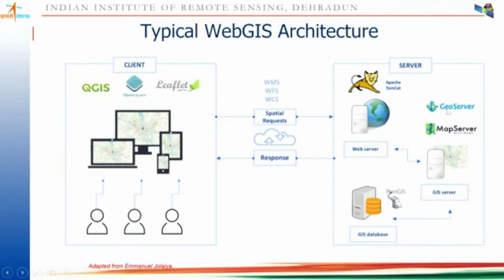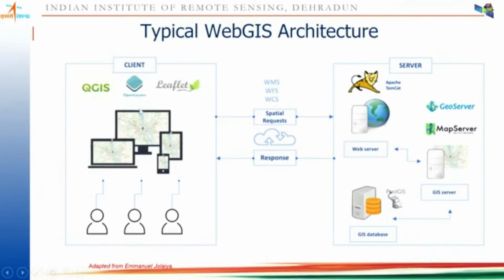And then I can have either GeoServer or another software called MapServer, because geospatial server is a very generic name. There are different alternatives, or various tools for implementing that geospatial server. GeoServer is a very popular one, MapServer is another. Similarly, we have some more servers, it can be any. These all are the GIS servers. I have a GIS database like PostGIS.